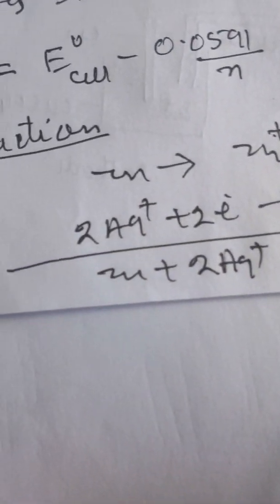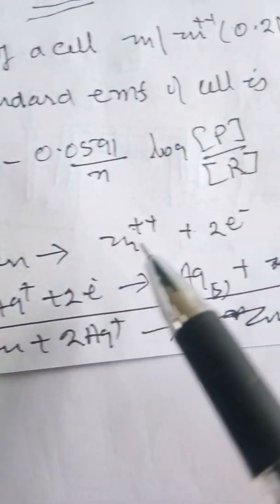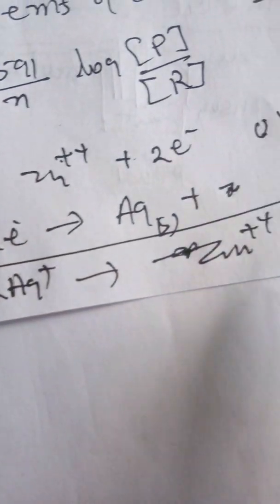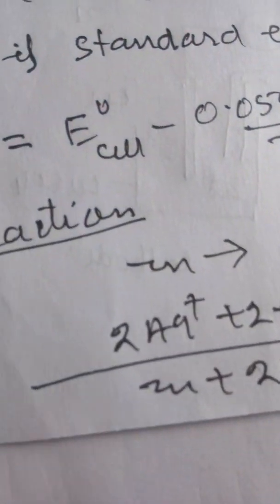Here zinc is changed into zinc ion and silver ion is changed into silver solid. So overall this is the cell reaction.